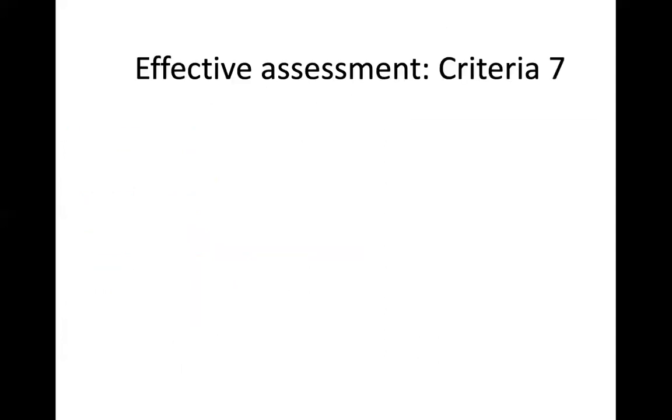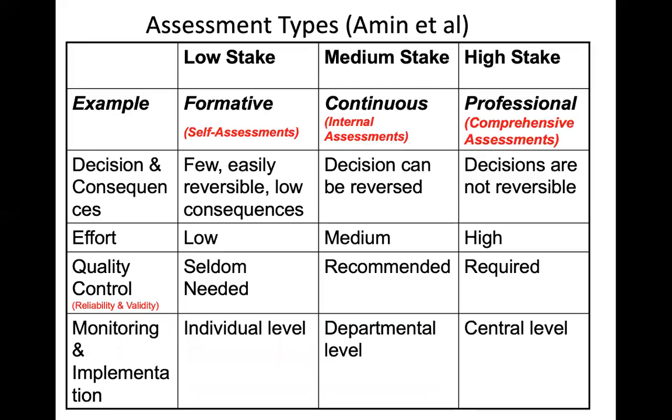The seventh and the last criteria is timely feedback. The recommendation is it is not sufficient to give feedback, but it should be given on time. So Zubair Amin, a pediatrician from National University of Singapore, has divided the assessment into 3 parts: low stake, medium stake, and high stake. So low stake is formative.